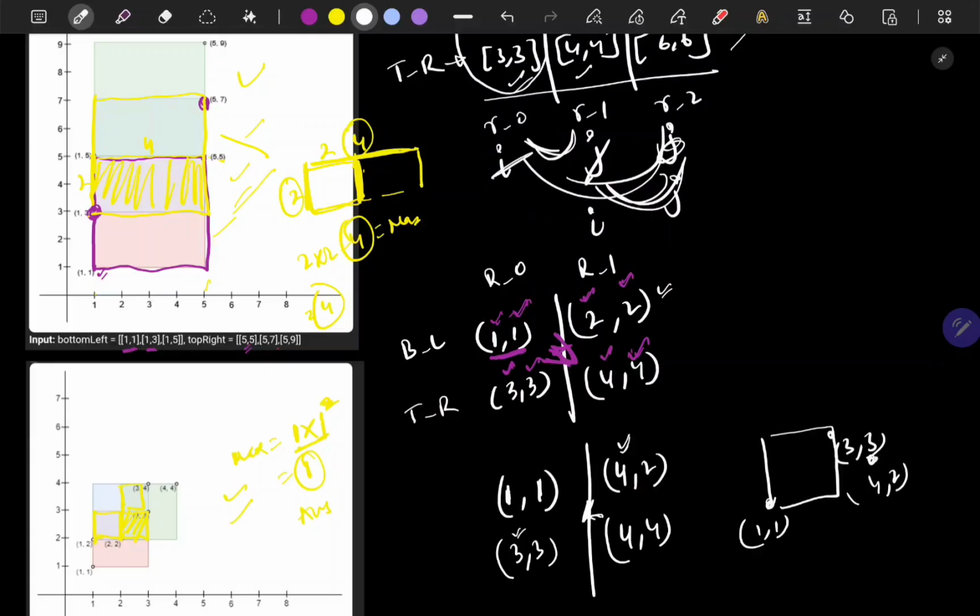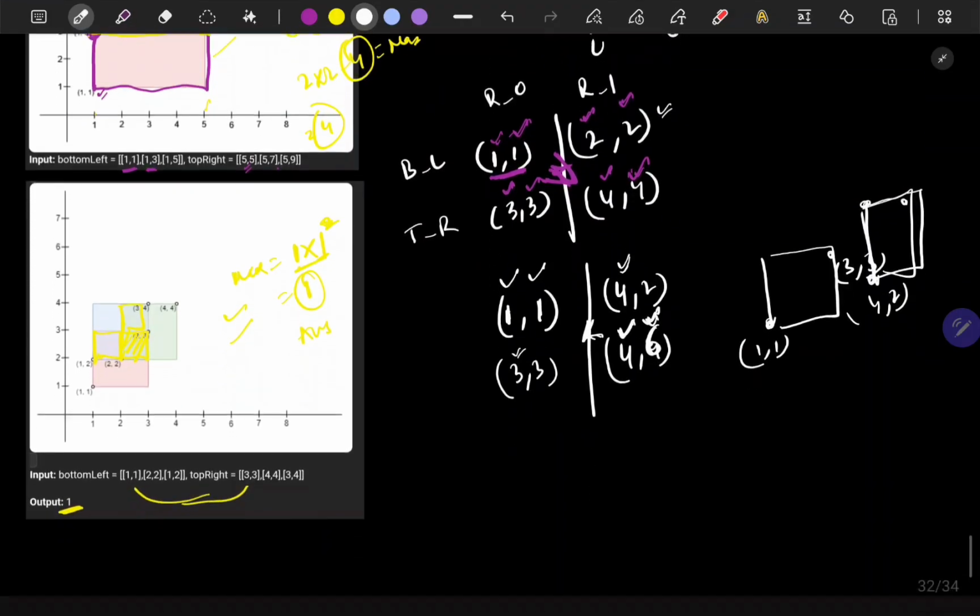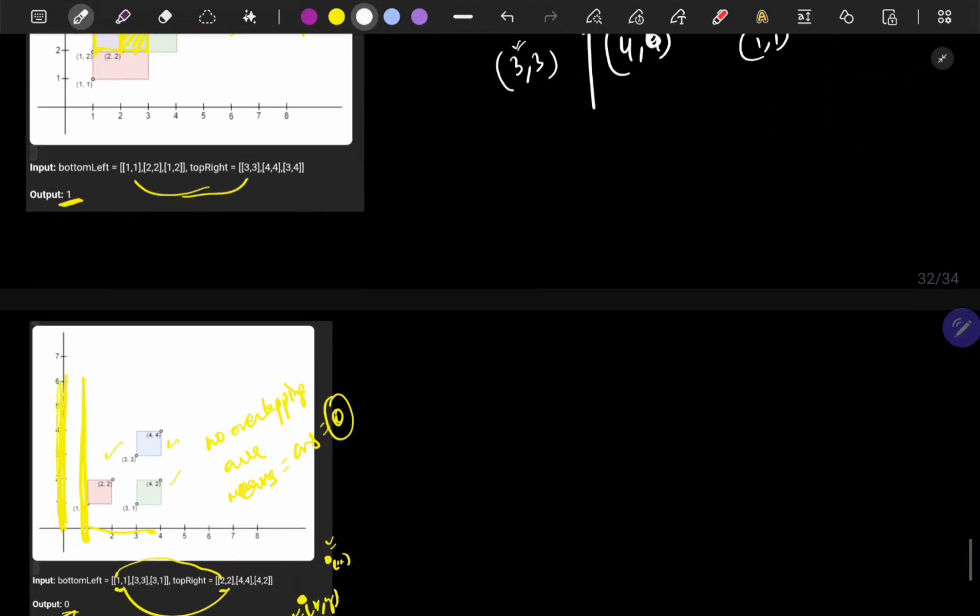If you see (4,6), you can take (4,6) or something, so it will become like this. So in any condition, if this x or this y is greater than these x2 and y2, it will be a non-overlapping case. You can try by yourself also, take some examples, we can check in this only.